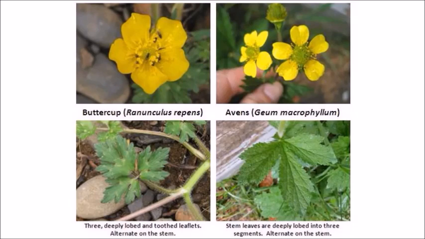So, this is another one of my favorite examples of when we pay closer attention to things, it becomes easier to see the differences between them. When I was first learning my plants, I would get buttercup and avens mixed up all the time, and I would have to spend some time with the plant, looking at the other clues in order to differentiate them.